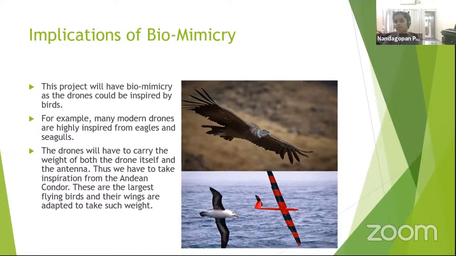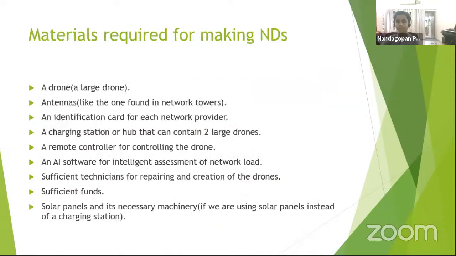The drones will have to carry the weight of the drone itself, the antennas, and if we are attaching solar panels, then the weight of both the solar panels and the necessary machinery. Thus, we have to take inspiration from the largest flying birds, known as Andean condors. Their wings are relatively short, but they have adapted themselves to fly.